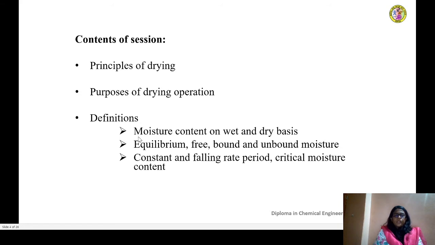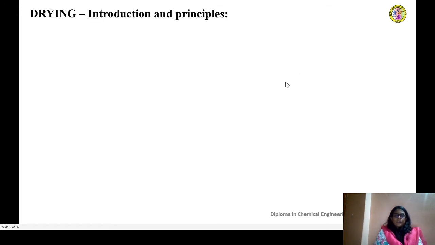Then we are going to learn a few definitions related to drying operation, like moisture content on wet and dry basis, and the terms equilibrium moisture content, free moisture content, bound and unbound moisture. Then what a constant and falling rate period is, and what is meant by a critical moisture content.